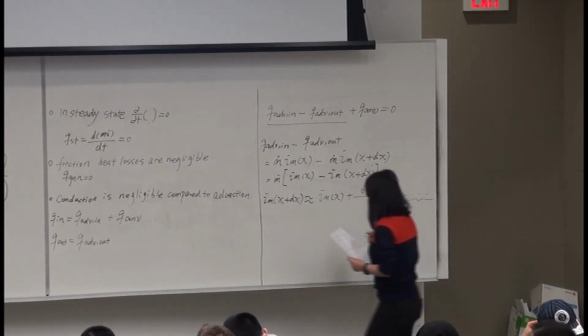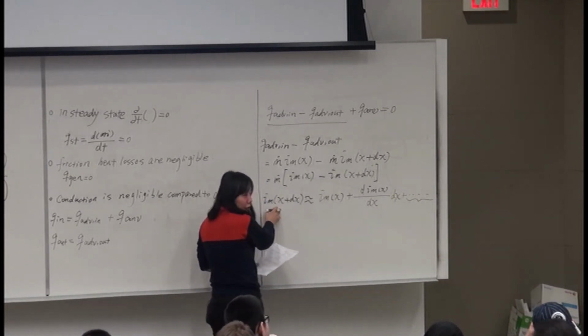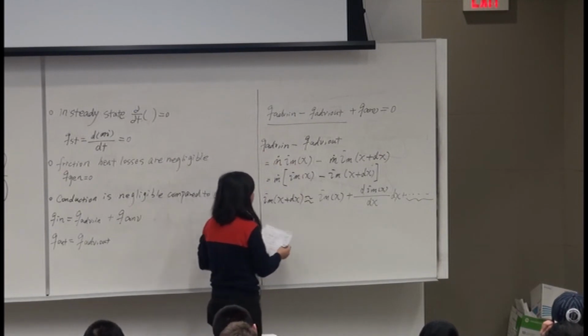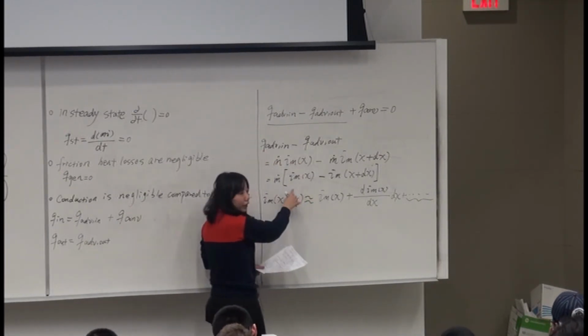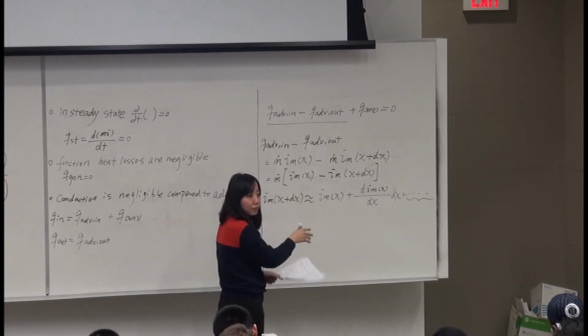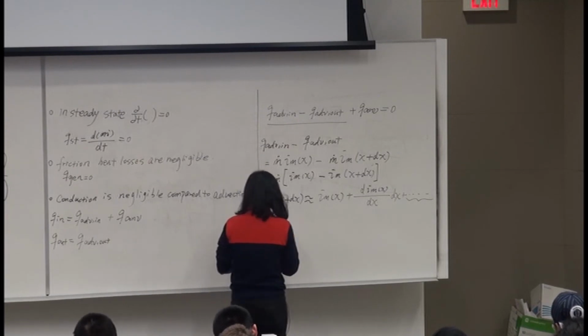And now let's substitute this term into our Q advection in minus Q advection out. Then you see the mean entropy here minus here. We can do cancellations, but must do Taylor expansion first.